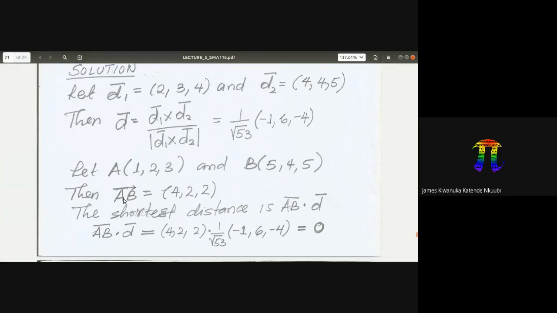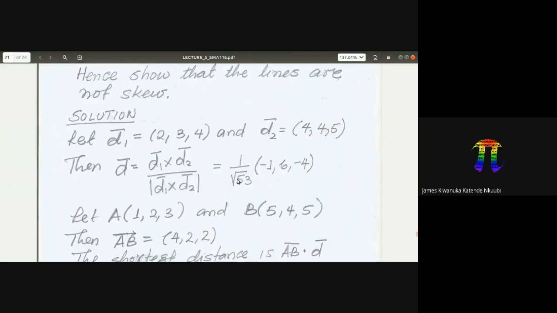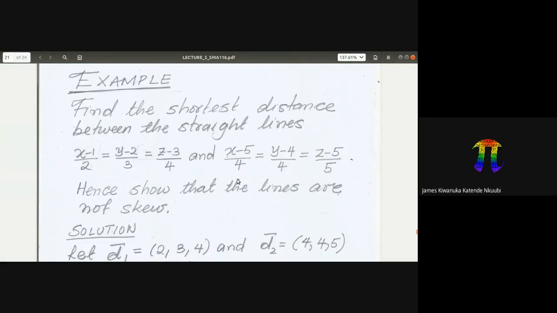So we have 2 points on the lines. One of them is 1, 2, 3, and the other one is 5, 4, 5. We obtain that straight from the equation. So the point 1, 2, 3 is definitely on the line, and the point 5, 4, 5 also will be on the line.